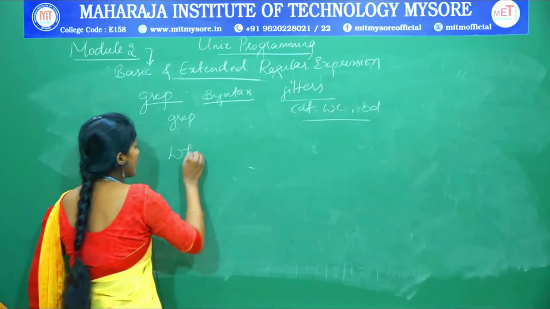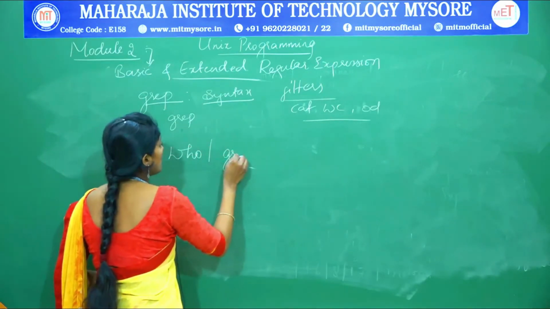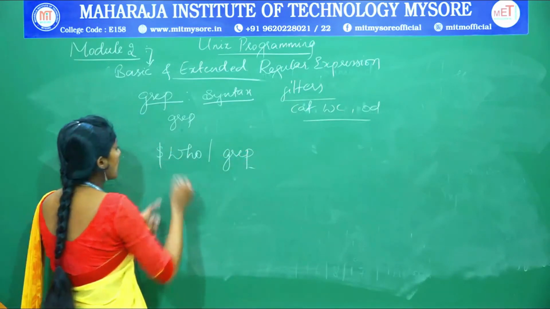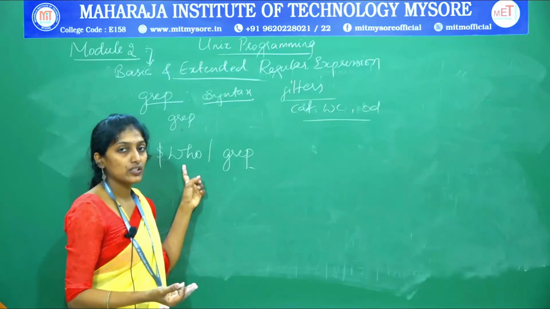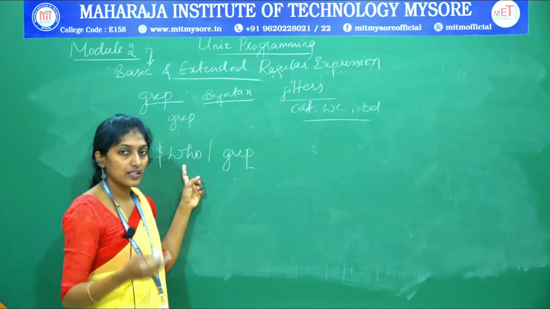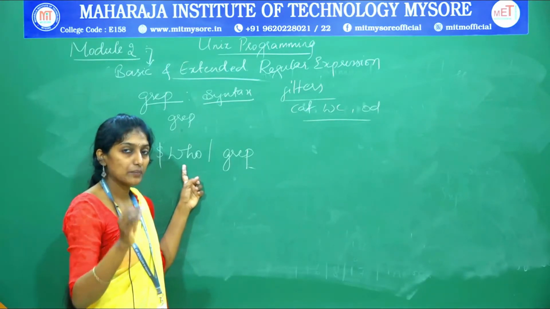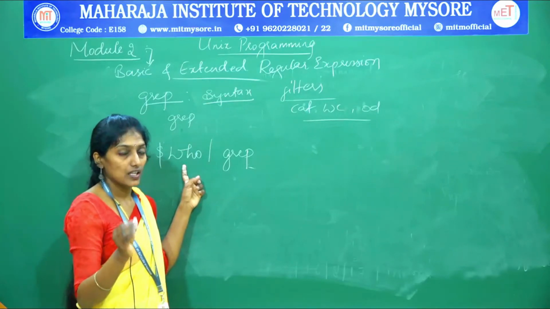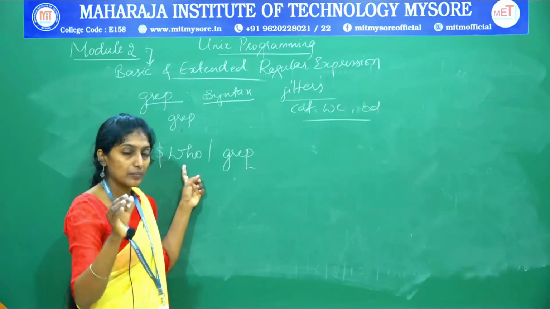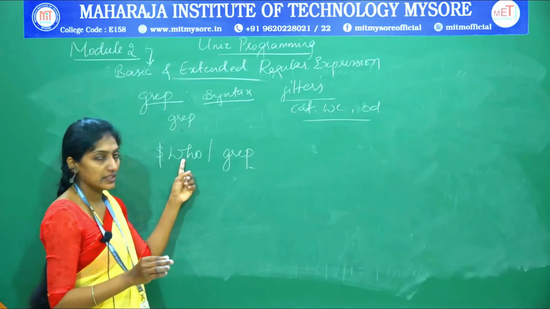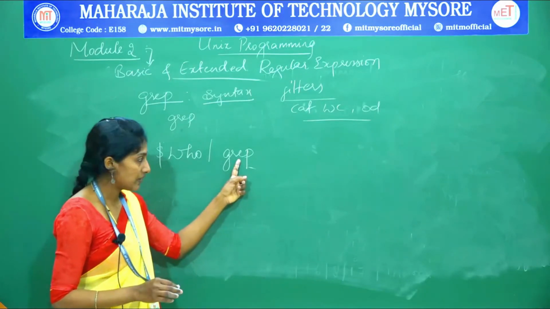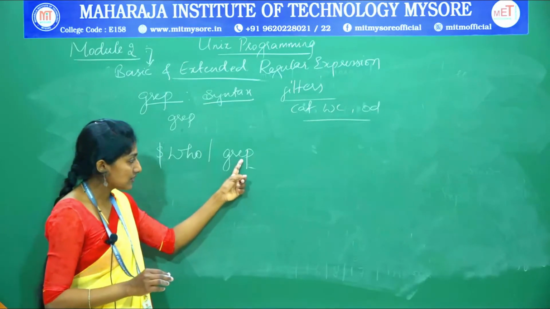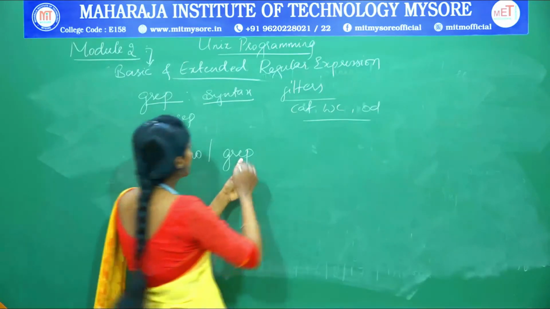So let me give one example of how it acts. What does who do? Who gives you the list of users using that particular terminal. The account details of that particular user will be provided by the who command. This will be provided as an input to grep.